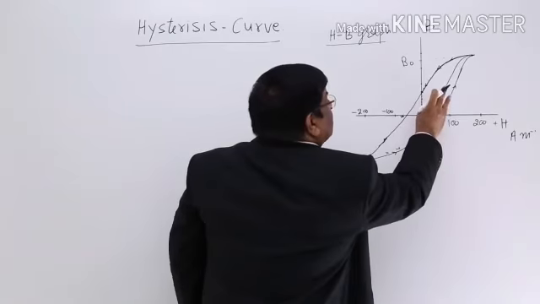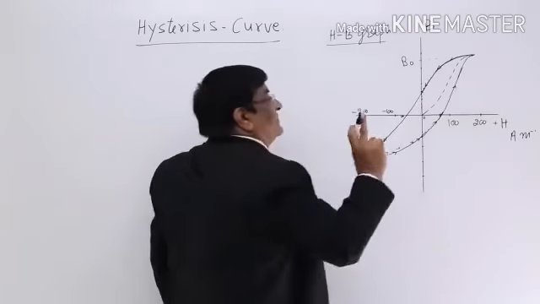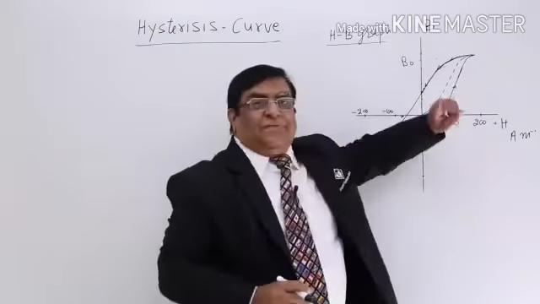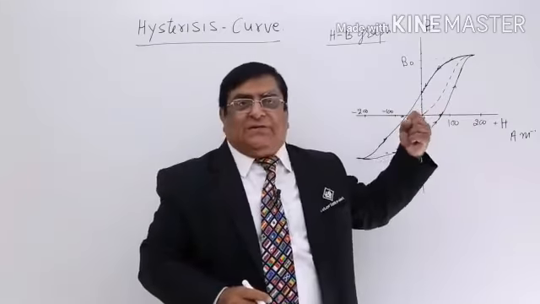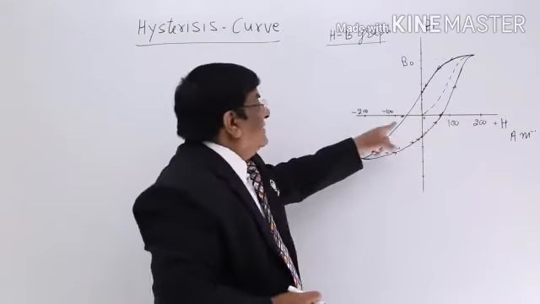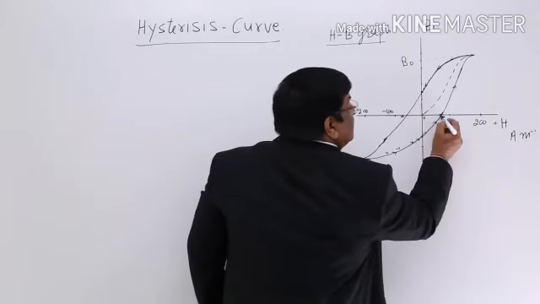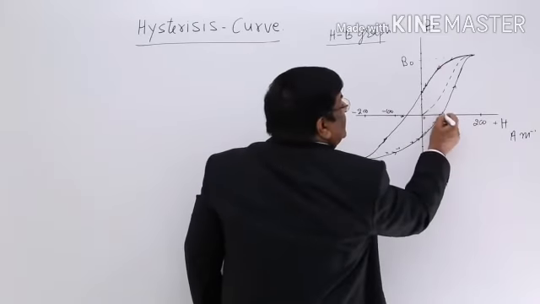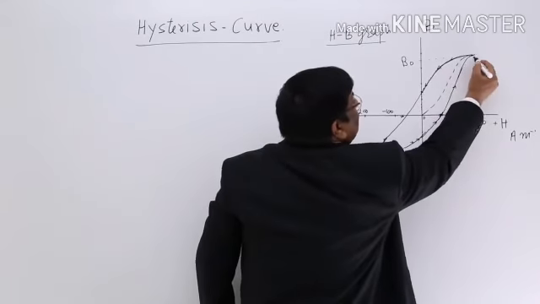Now this was the initial process that was only for once. But after that, when magnetization, demagnetization start, then this is the path. What is magnetization and demagnetization? This is B equal to 0, demagnetization. This is magnetization.